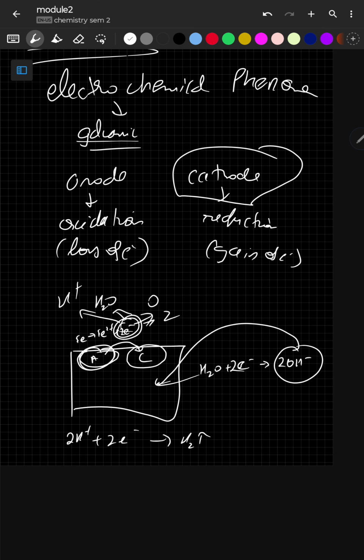Suppose it reacts with water, hydroxide is formed. The hydroxide reacts with the metal to form metal hydroxide. The metal hydroxide, after further reaction, is going to convert into metal oxide, and hence the metal is corroded. Corrosion has taken place.